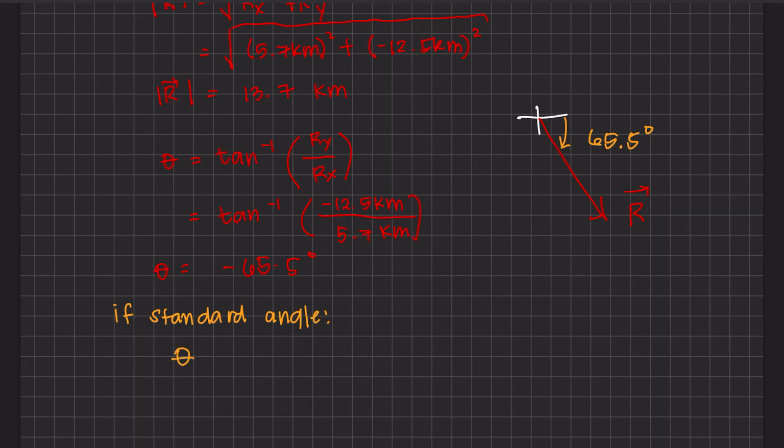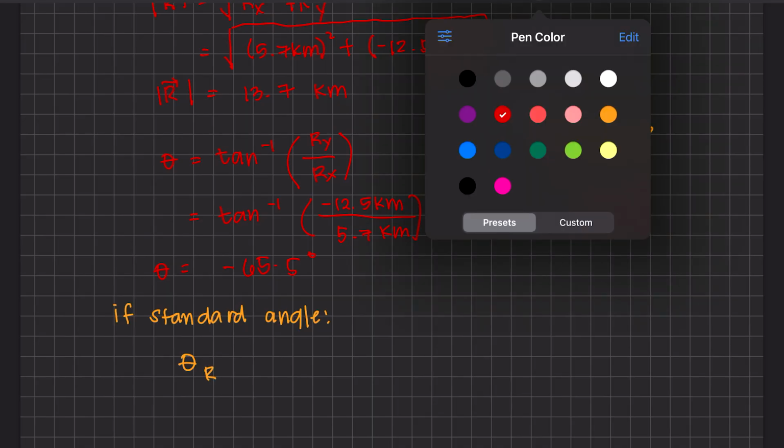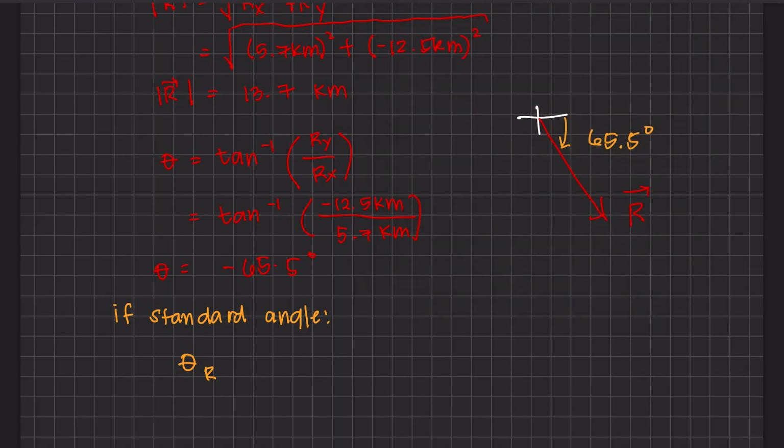So our theta now for the resultant vector R, it should be theta plus 180 degrees. So this is negative 65.5 plus 180. No. Wrong. If we want it in standard angle measurement, we should have theta R. I want this as theta R, coming from here, going here, counterclockwise.